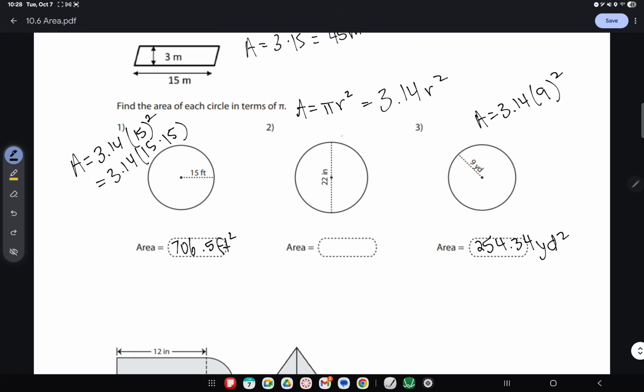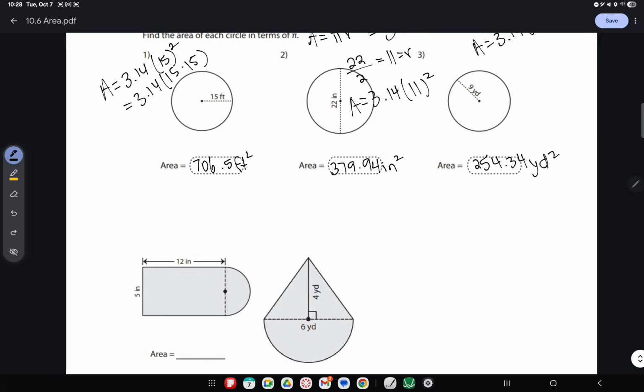So remember, if I divide the diameter in half, so 22 divided by 2 gives me 11, which is the radius. So I have area is 3.14 times 11 squared. So 3.14 times 11 times 11 gives me 379.94 inches squared.